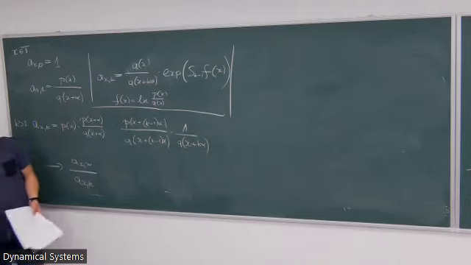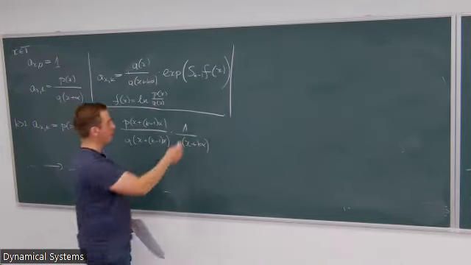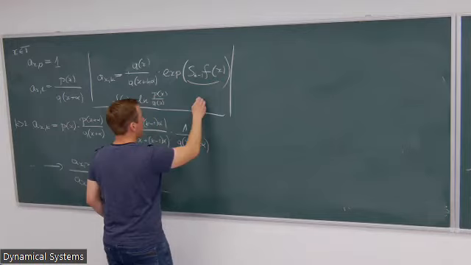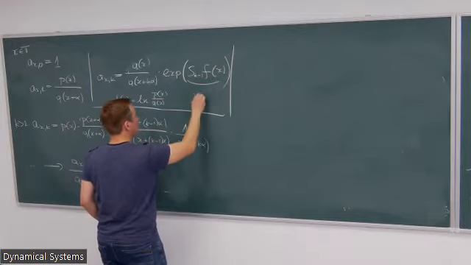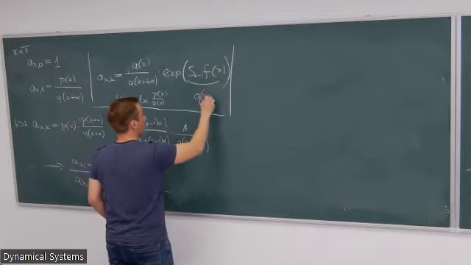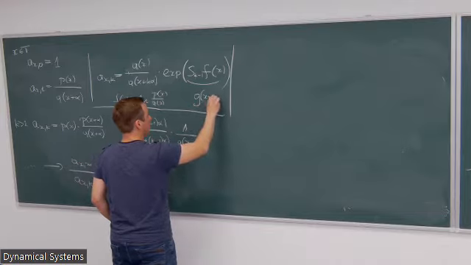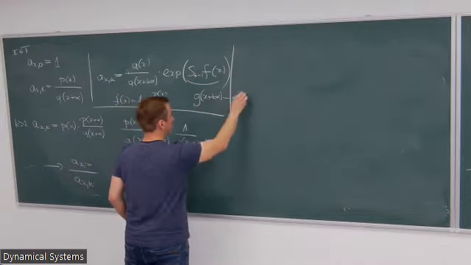If the solution of the cohomological equation exists, then this Birkhoff sum can be replaced by g of x plus k alpha minus g of x.